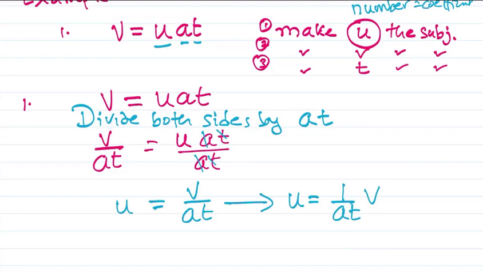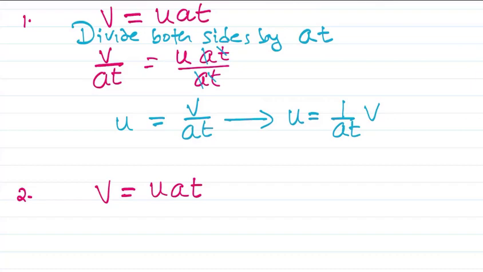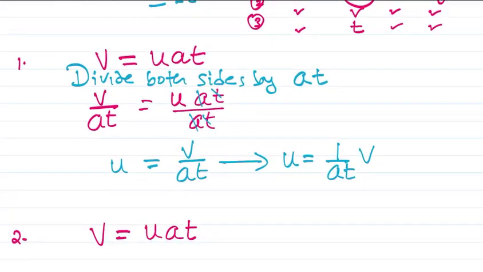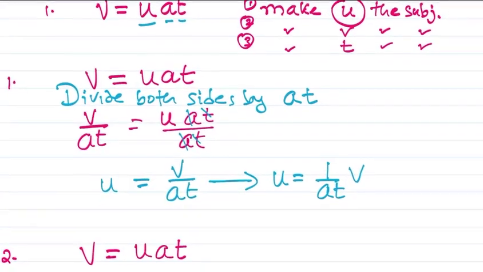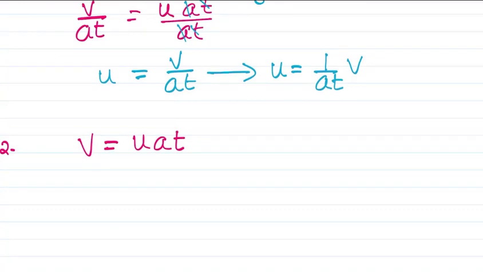Look at the second pattern to see that you too can do this. In the second case, we have V equals UAT. Our goal is to make A the subject of the formula.